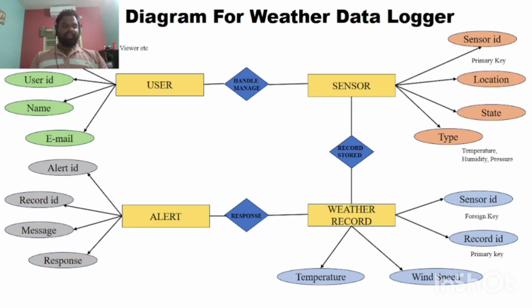And entities are real world objects, like user, sensors, weather record, alert. And this diamond shape is relations. And this is the ER diagram for the weather data logger. Thank you.